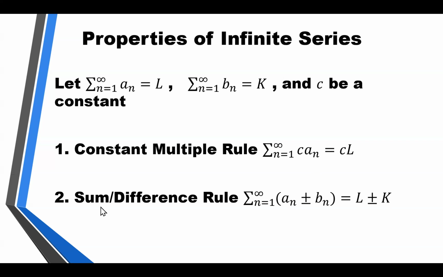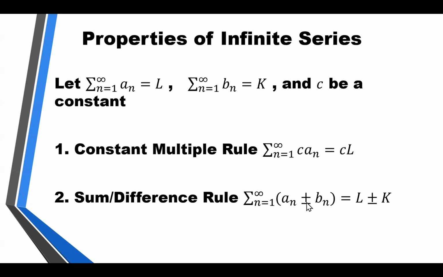So be careful about that. This only works when we're adding the terms up or subtracting the terms. It does not work when I'm multiplying the terms. Again, the one exception is if I have a constant which I can factor out.